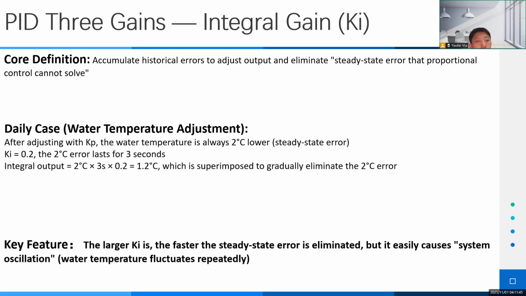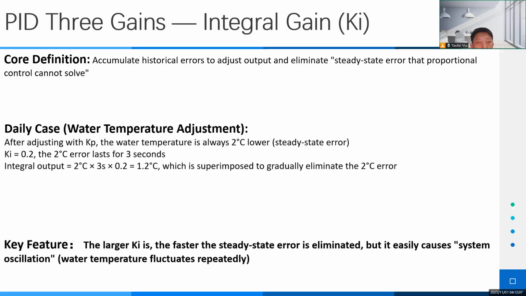Let's go back to the water after using KP. The water stays at 38, below the target. Let's say KI is 0.2 and this error of 2 lasts for 3 seconds.